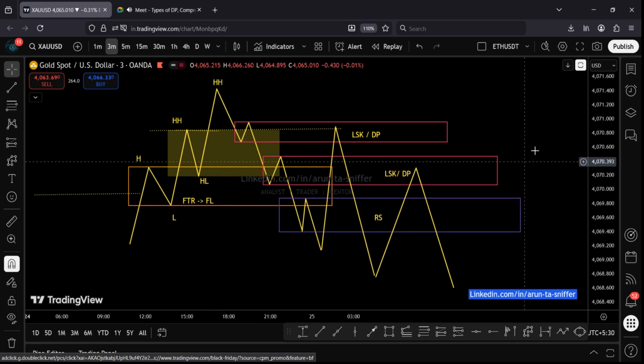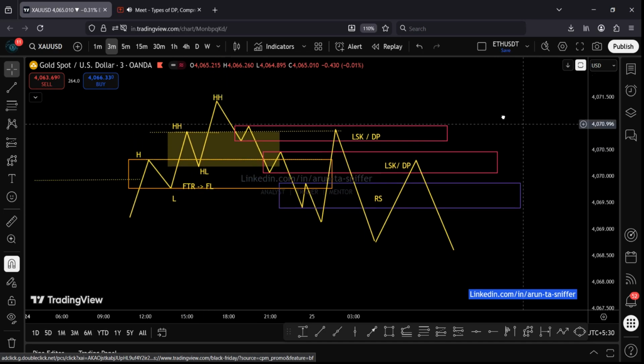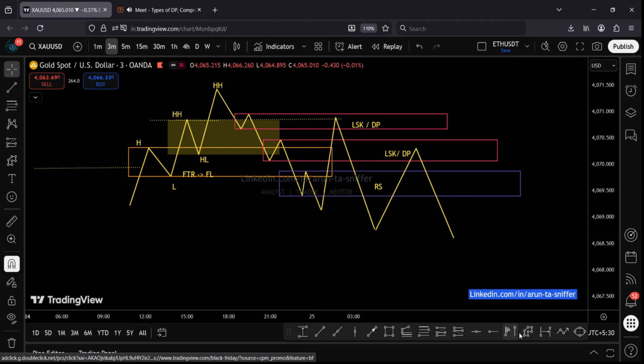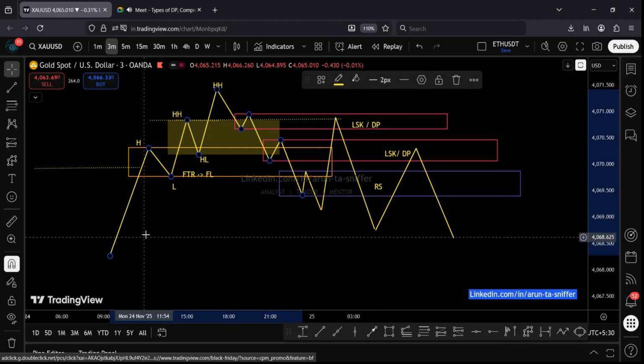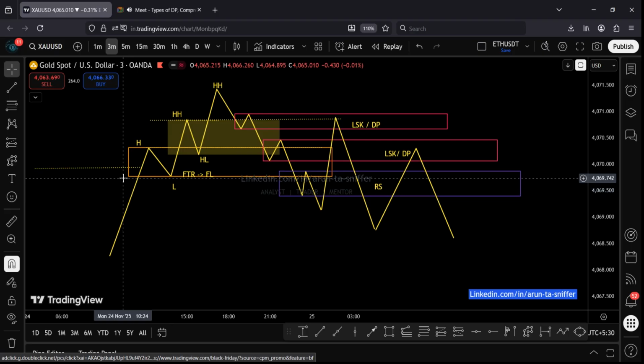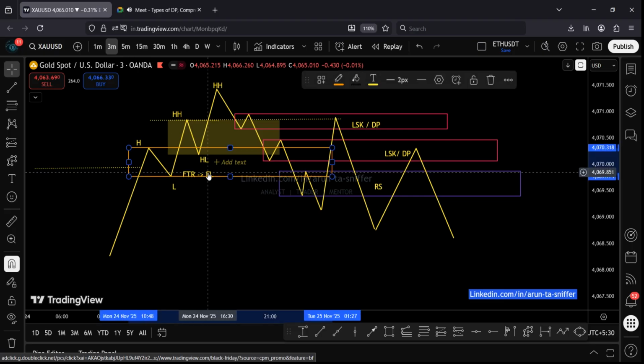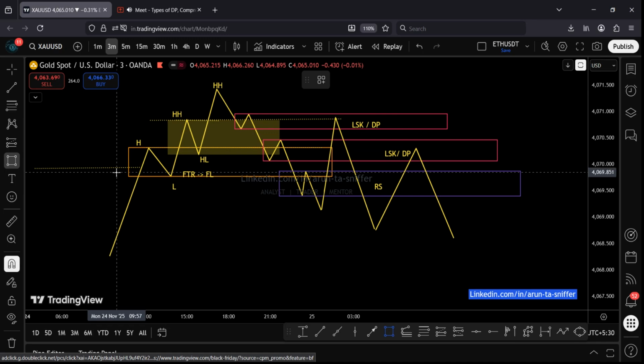It is also possible in future that this one is also our RS and this one was a node, and we may also have a DP here, right? This one is a flag limit and this is also a flag.